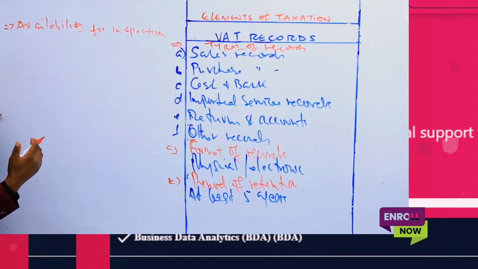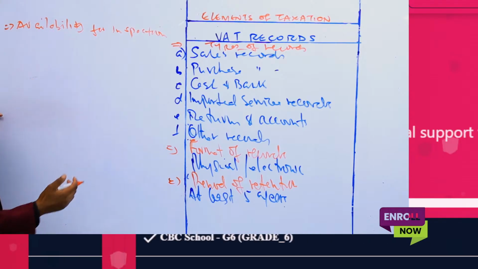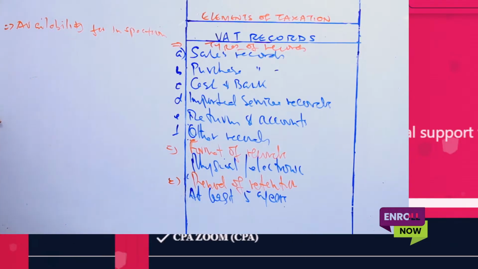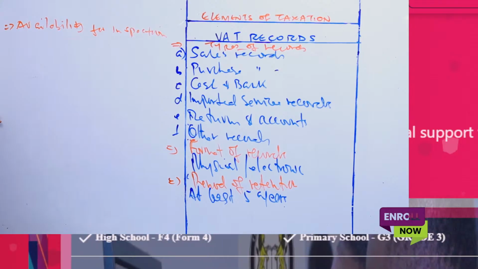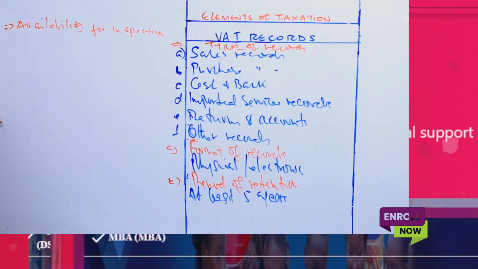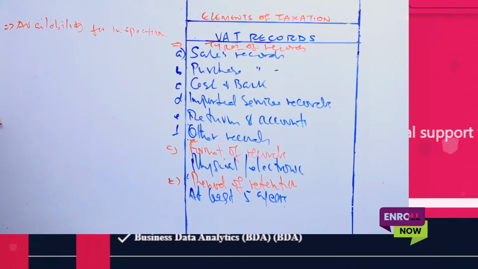These records must be made available to authorized Kenya Revenue Authority officials upon request. And the records should be organized, for example, chronologically by date or by suppliers' or customers' name to facilitate easy inspection.